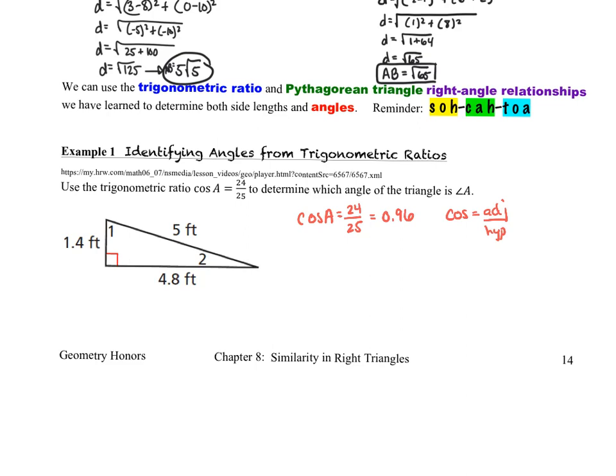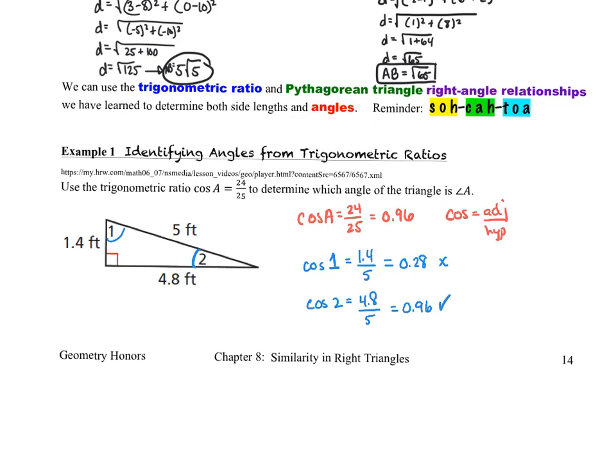So let me try the cosine of angle 1 first. Cosine of angle 1 is equal to adjacent, which is 1.4, over the hypotenuse, which is 5. And when I calculate that, I get 0.28. So that didn't work. And if I try cosine of 2, adjacent is 4.8 over the hypotenuse, which is 5, and that gives me 0.96.